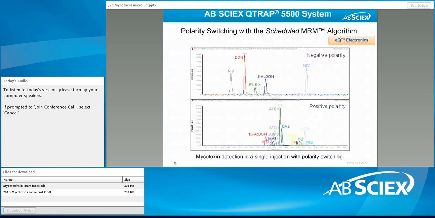And a very important thing here is we run both positive and negative ionization modes with scheduled MRM in one single injection. On the top is negative polarity, and on the bottom is positive polarity. All of this you get from one single injection with an 8-minute run.